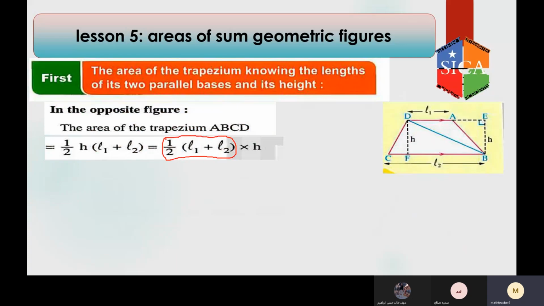Then the area of the trapezium equals the middle base times height. The middle base here is half times L1 plus L2.